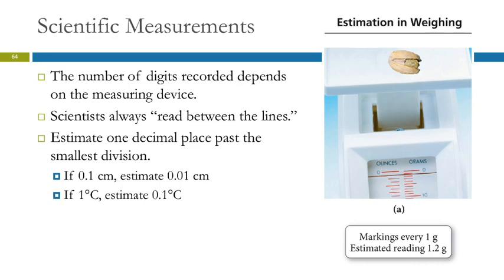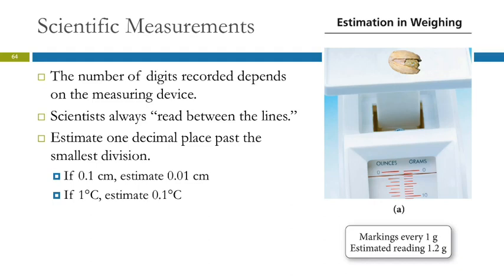So we're going to estimate the next smaller decimal place, which would be 0.1. Okay? When we look at this, there's a pistachio sitting up here, and we see that this mark here is between 1 gram and 2 grams, right? There's no uncertainty there. It is definitely more than 1 gram and less than 2 grams.